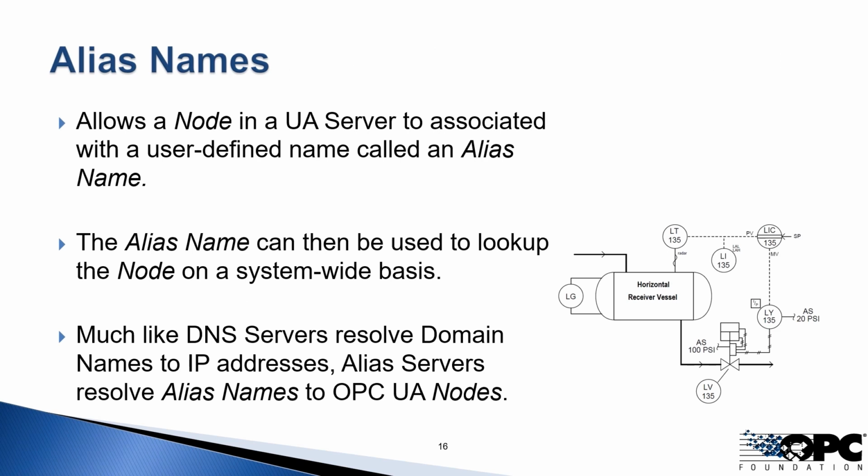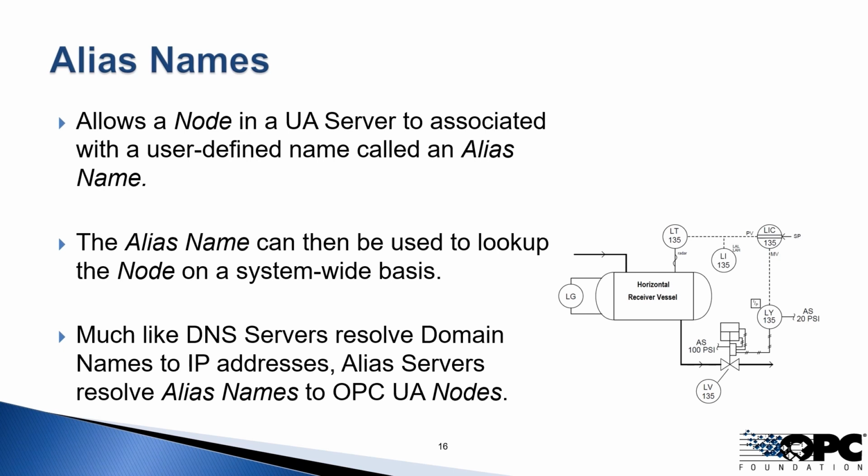Another centralized concept recently developed for OPC UA is the notion of alias names. Through this mechanism, we allow a node in an OPC UA server to be associated with a user-defined name called an alias name. This alias name can then be used to look up the actual node ID, or the address, if you will, on a system-wide basis.